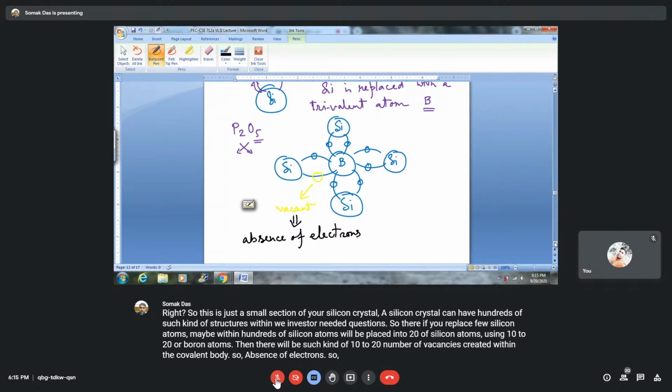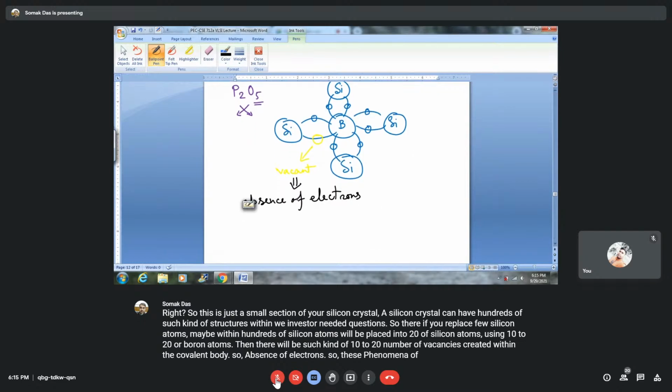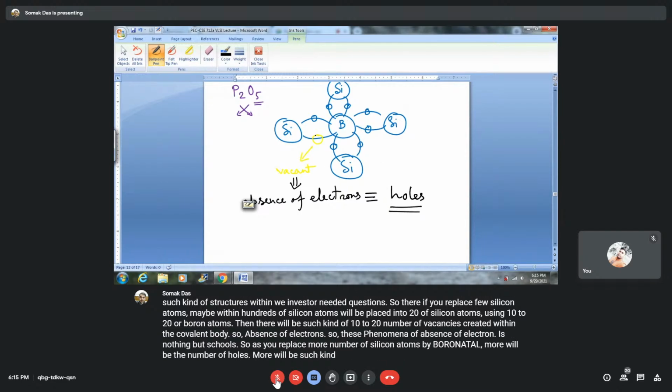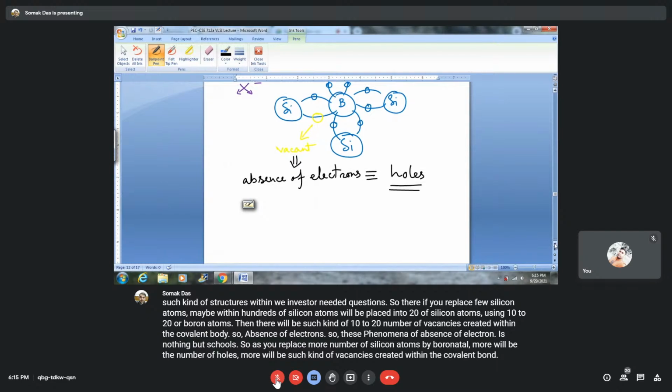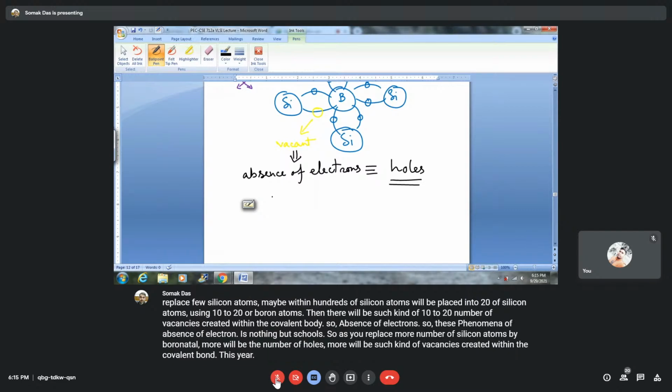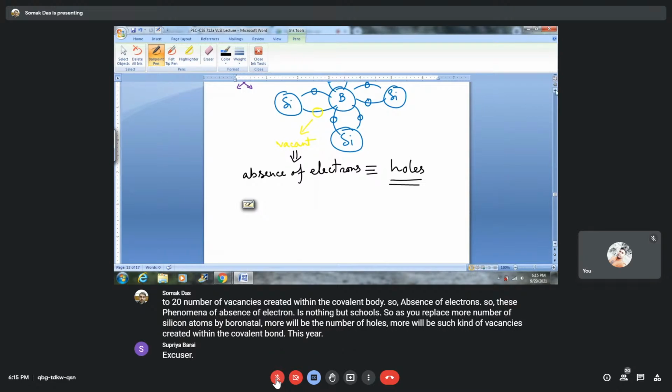This phenomenon of absence of electrons is nothing but holes. As you replace more silicon atoms by boron atoms, more will be the number of holes, more vacancies created within the covalent bond. Is it clear? Yes, sir.